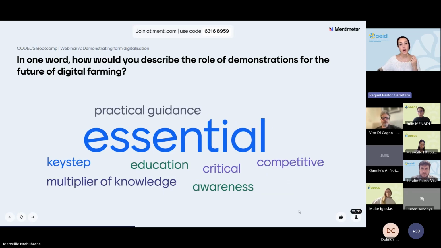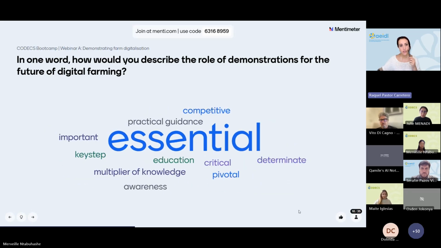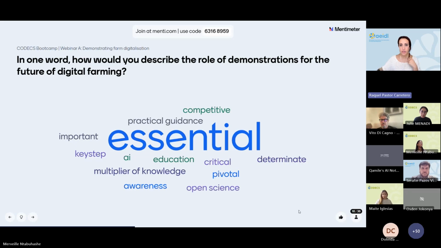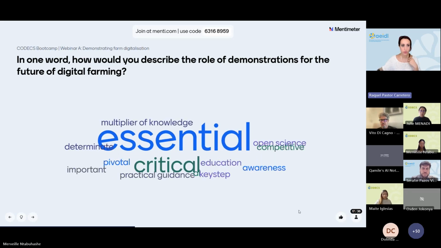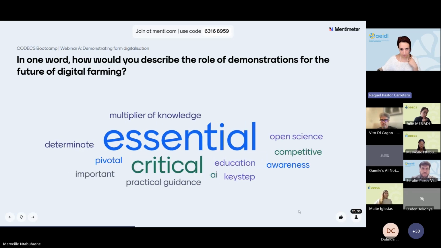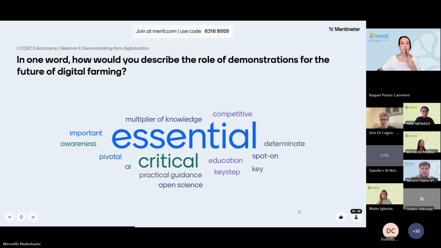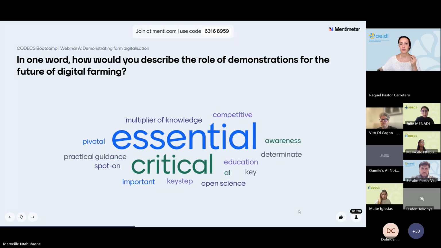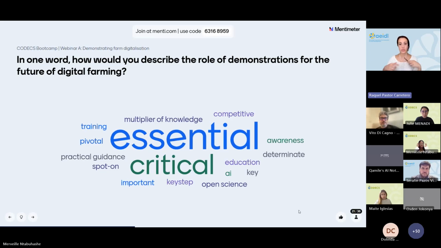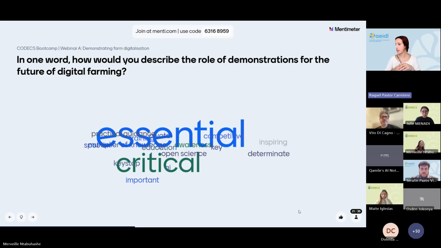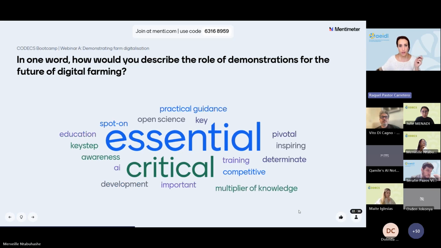Okay, we have a big one: essential. Demonstrations are essential and also important. It offers practical guidance, critical, open science, multiplier of knowledge, education, awareness. Okay, you can include more words if you need. And for me, I think we have finished the Mentimeter.